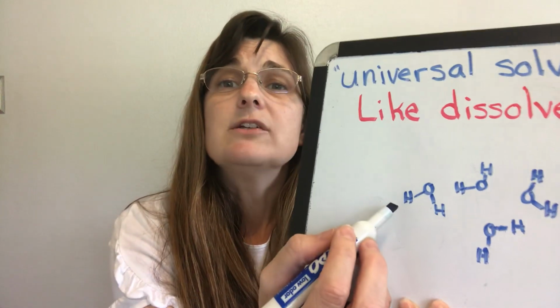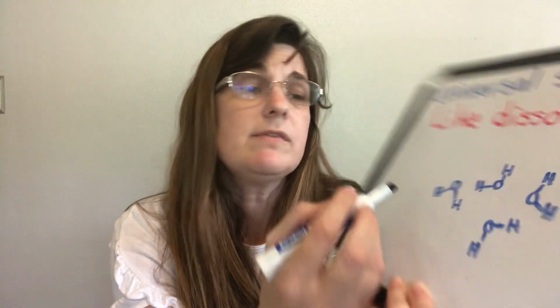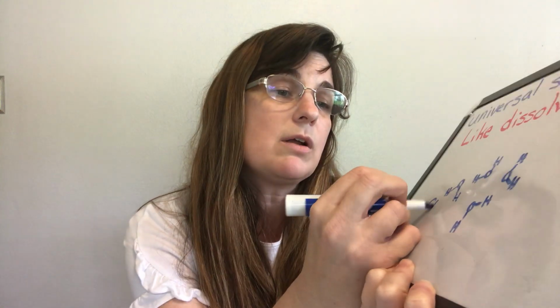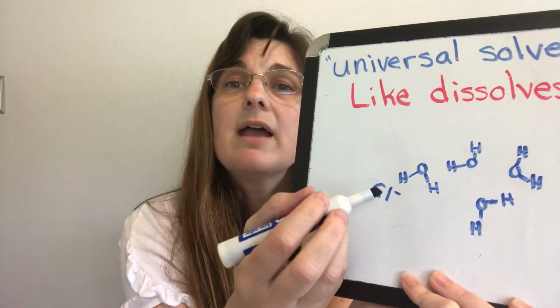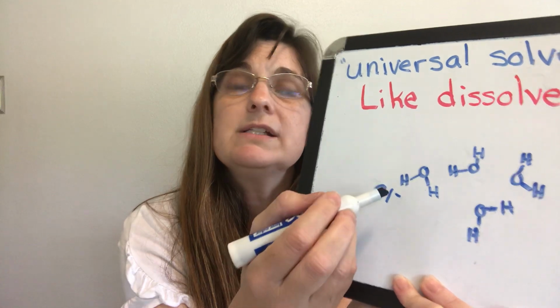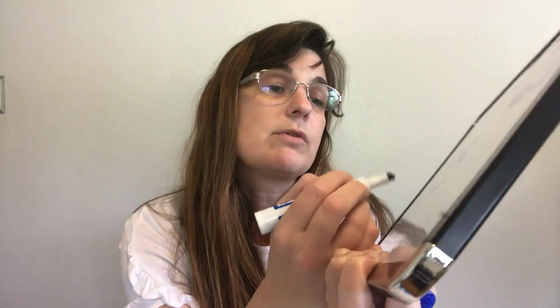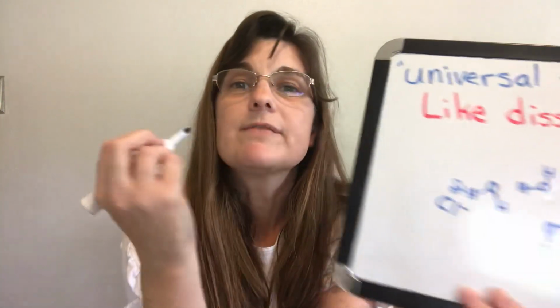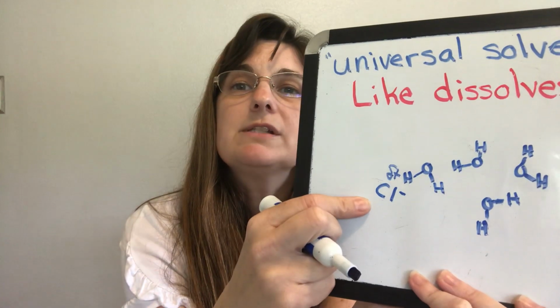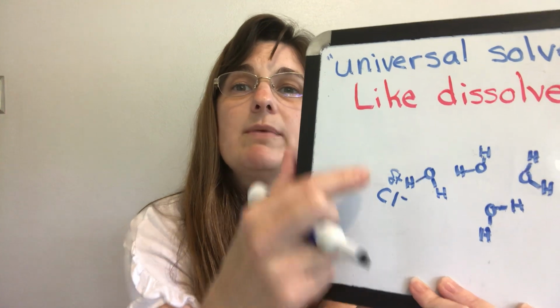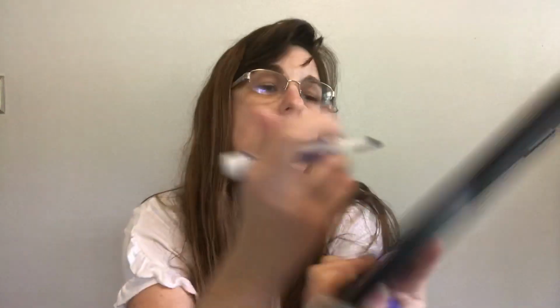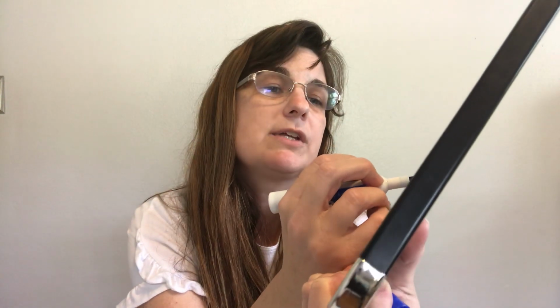Remember, the hydrogen ends of water are partially positive, and so the chloride ions are going to want to hang out by the hydrogens, because chloride ions are negative. They're not going to want to be by the oxygens, because remember, the oxygen ends are partially negative.